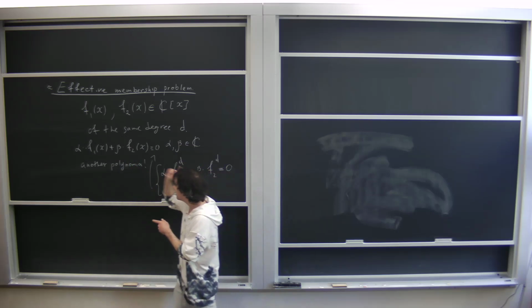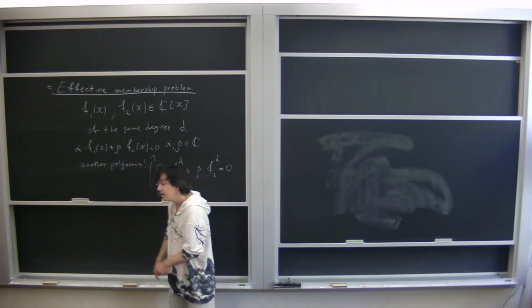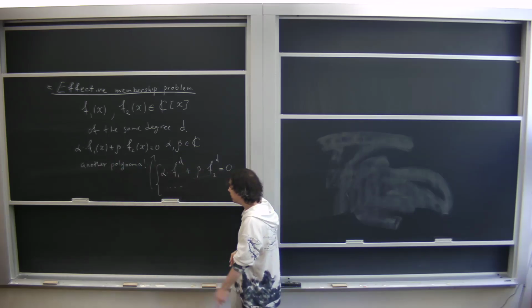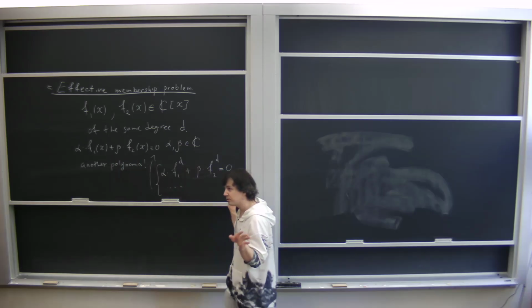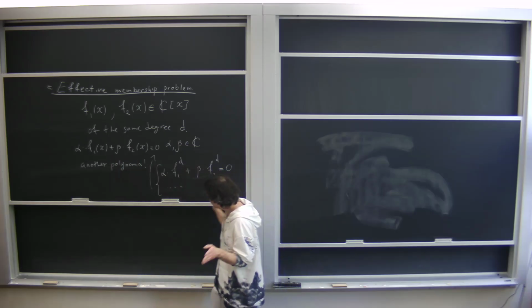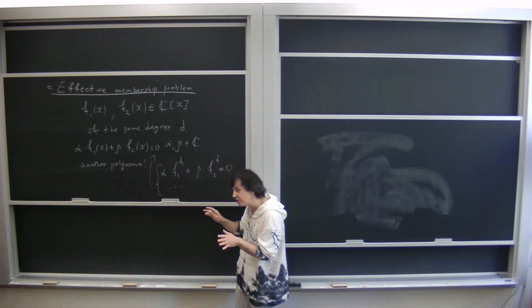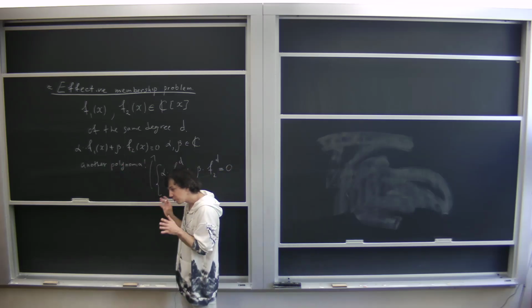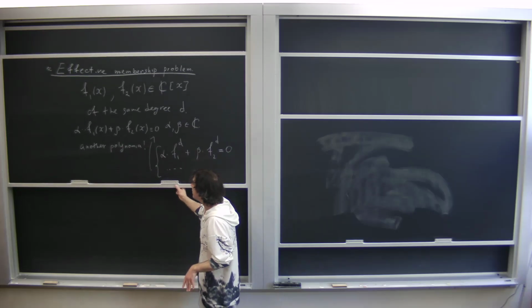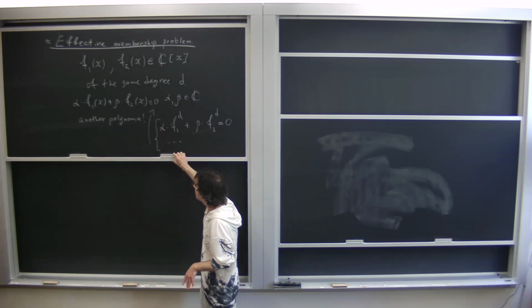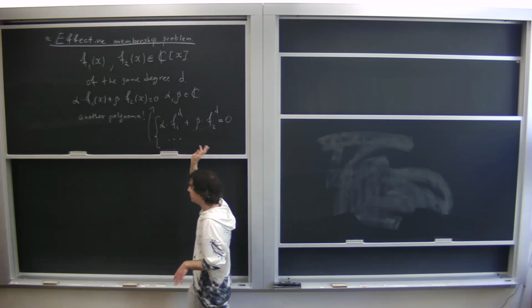So now we have a polynomial of degree d minus 1. If we want to do it again, we cannot, because otherwise we will just have a tautologically zero polynomial.